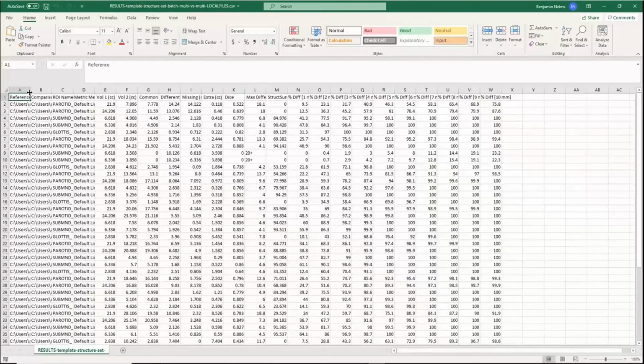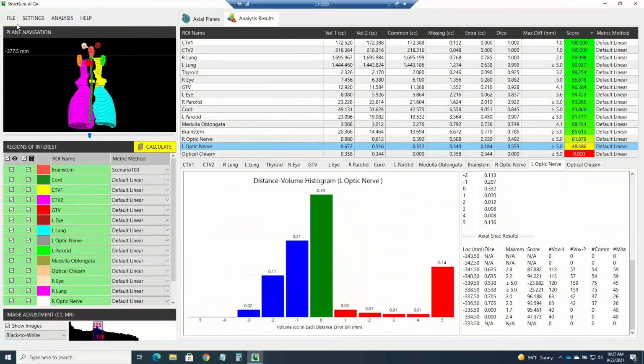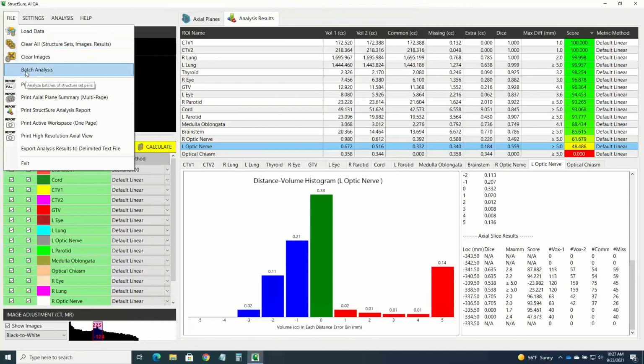But what we have here is the output of a batch file. Basically, by not using the user interface so much, there's a way to do it through the main file system. Let me bring that up for you real quick. Right here you would go to File, and then Batch Analysis.